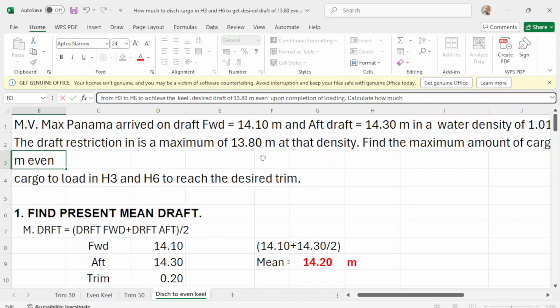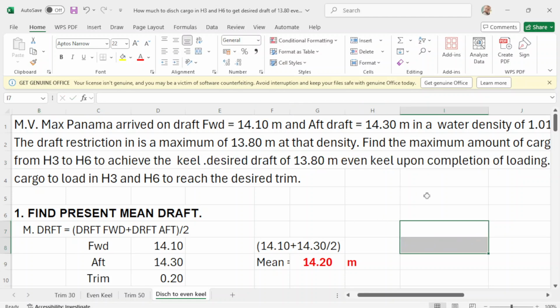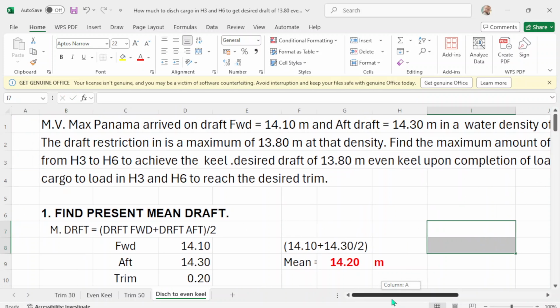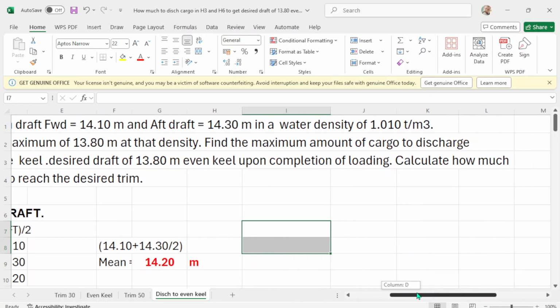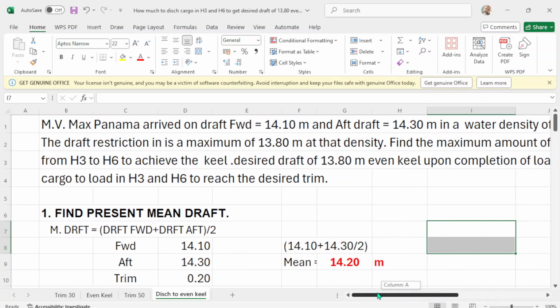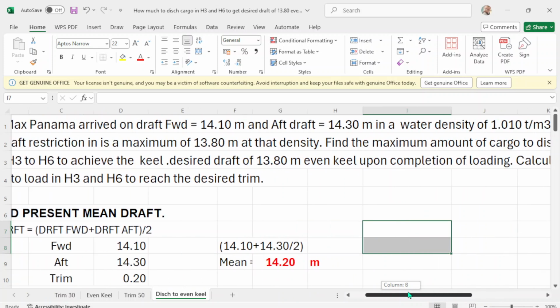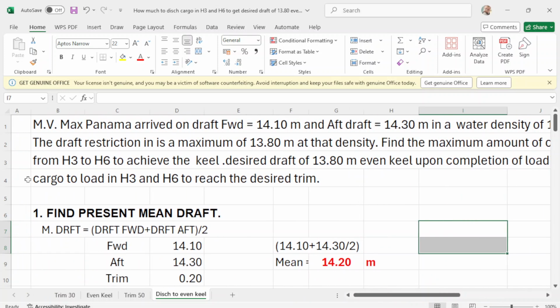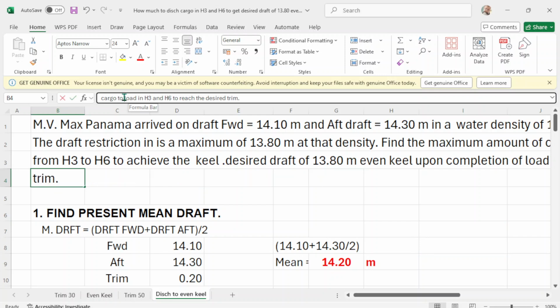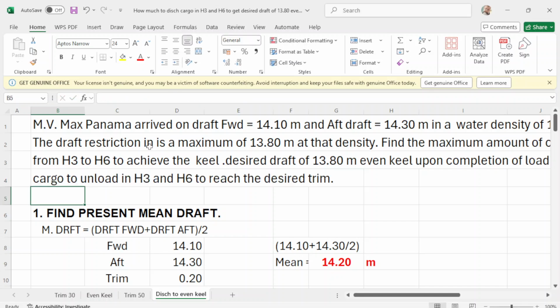Calculate how much cargo to unload in number 3 and 6 to reach the desired trim. Desired trim is even keel.